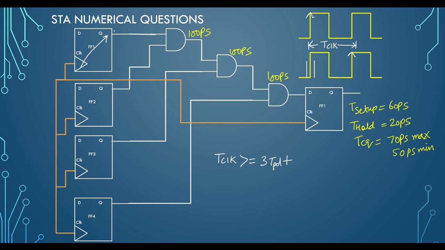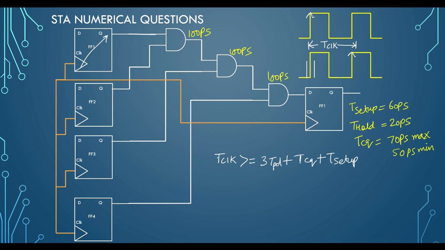The TCQ is maximum, 70 ps, because we are calculating setup, so maximum constraints come into the picture. Plus the setup time T setup of the flip-flop. The clock period should be greater than this much data path delay; only then will you meet the setup time.